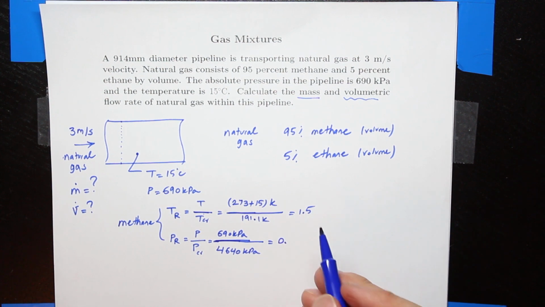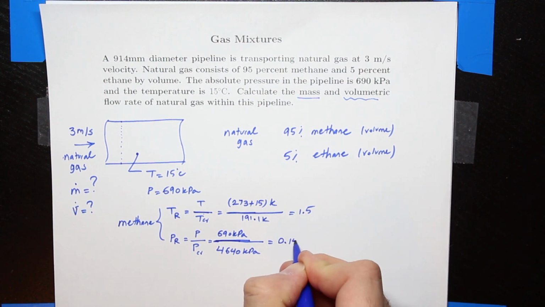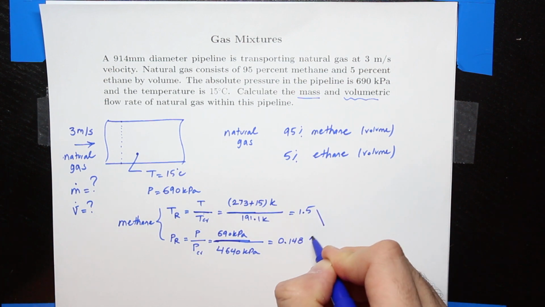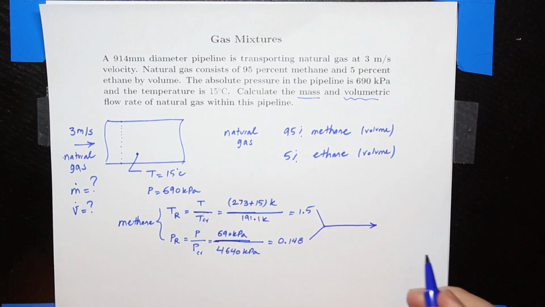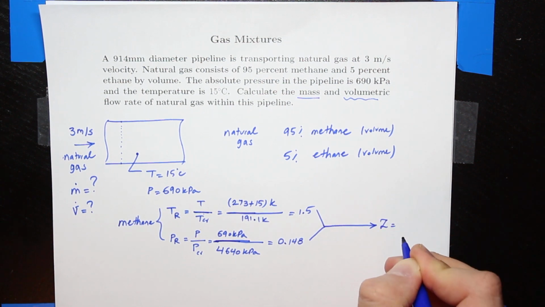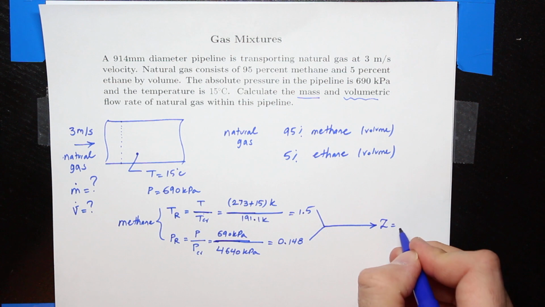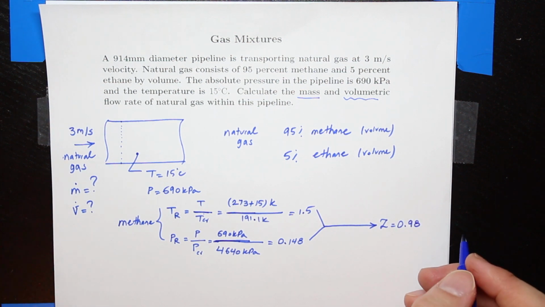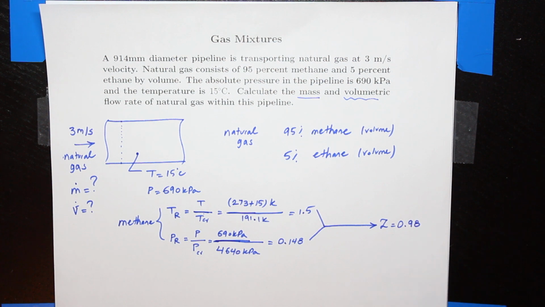That gives me a ratio of 0.148. Now, pretty much like before, you go to figure A15, and based on that, you obtain the Z value, which is 0.98.